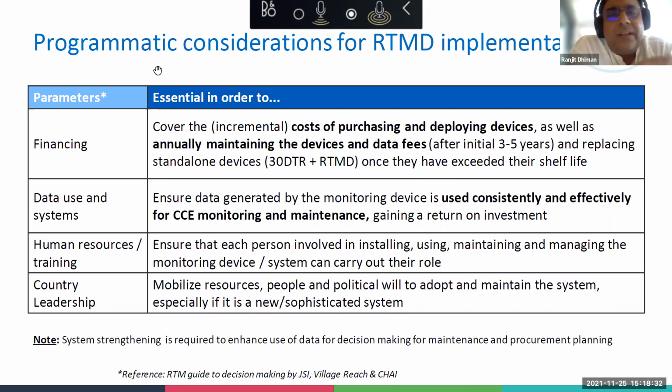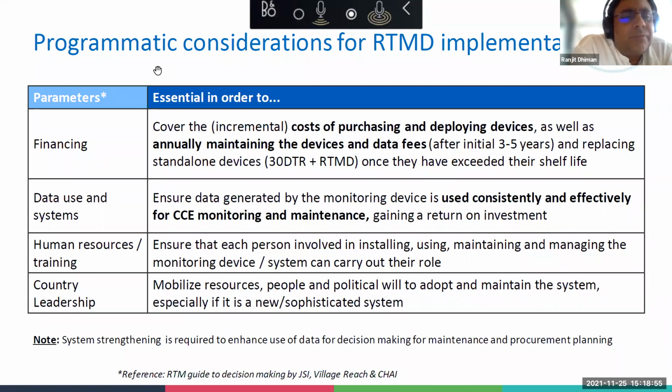To implement RTMD, we need to consider the financing part, the long-term cost associated with procurement of the devices themselves, and, as you heard Jacob say, the cost of maintaining the networks, SIM cards, internet, etc. So that's one.